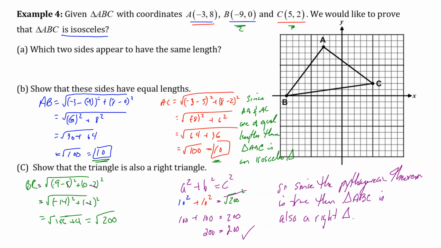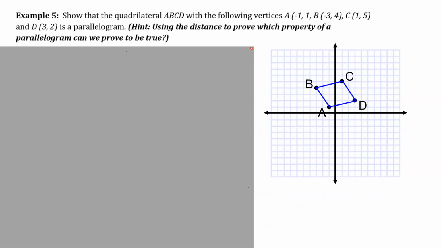All right, and we could conclude that obviously if it's an isosceles and it's right, we can just call it a right isosceles triangle. All right, last but not least, example 15.